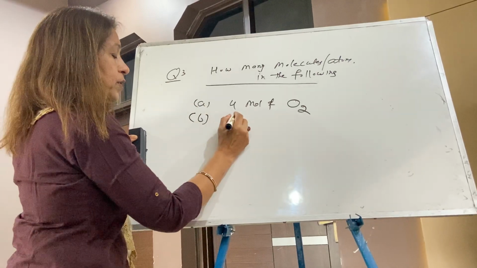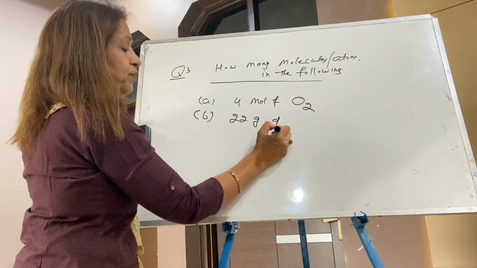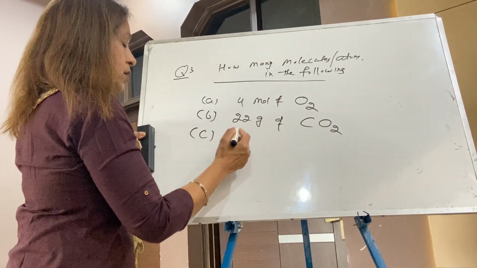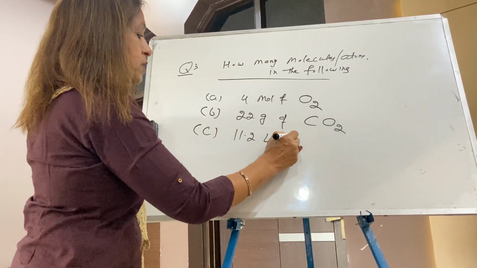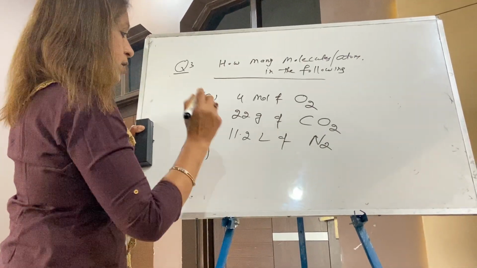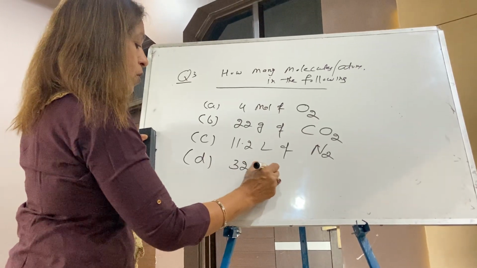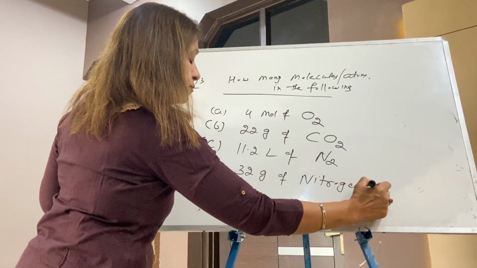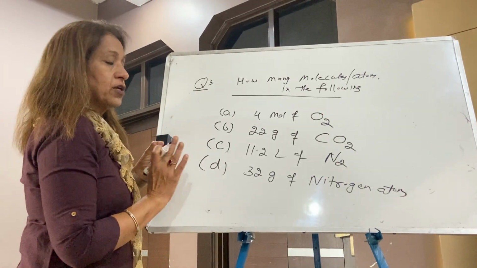B part is 22 gram of carbon dioxide. C part is your 11.2 liters of nitrogen. D part is your 32 gram of nitrogen atom. Now, nitrogen.